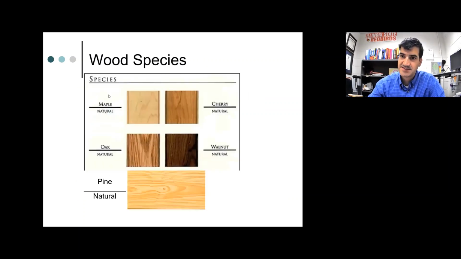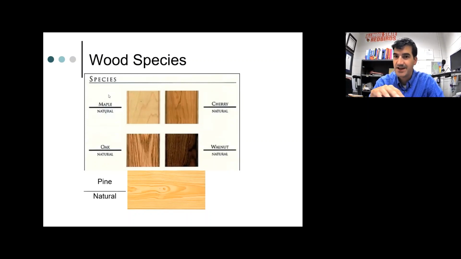There's lots of different species of wood which have different properties. Oftentimes we lump them into either softwoods, like pine and fir and cedar, and then hardwoods, which are like maple and oak and walnut. Cherry's kind of in between.